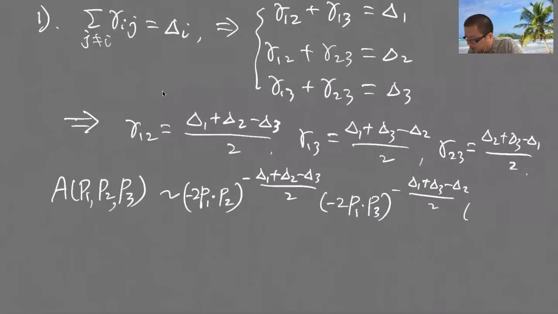The last term is minus 2 P2 dot P3 to the power minus delta 2 plus delta 3 minus delta 1 over 2. I hope you can see it.